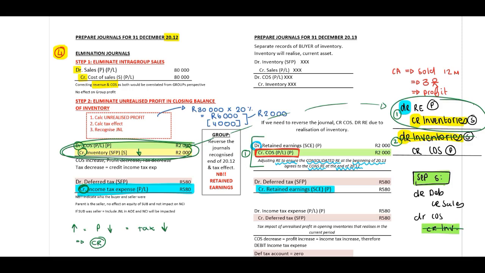And then when they realize the transaction, we will reverse this journal entry. You see, we will debit our income tax expense and credit our deferred tax. Why? Because this transaction is already included in the separate records of our subsidiary.